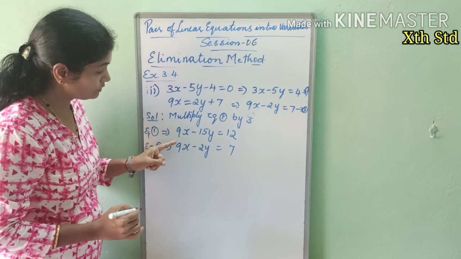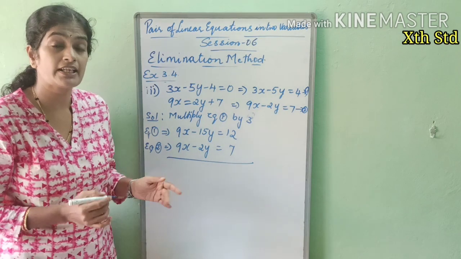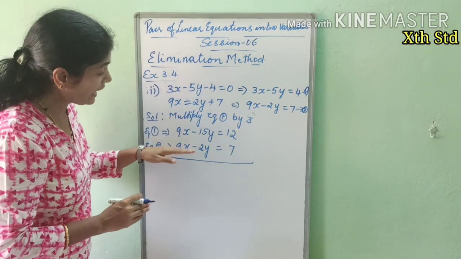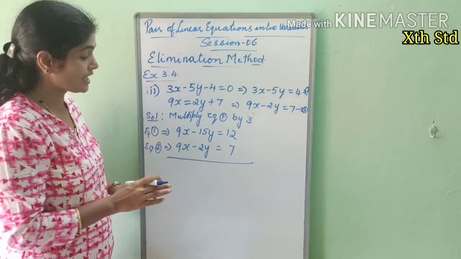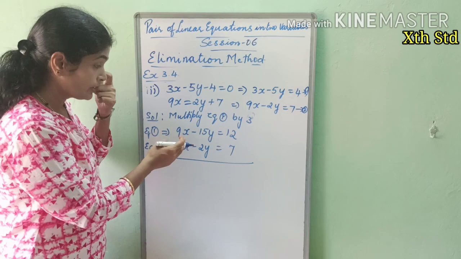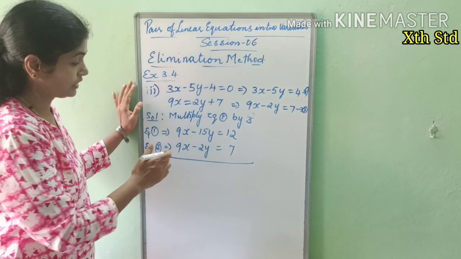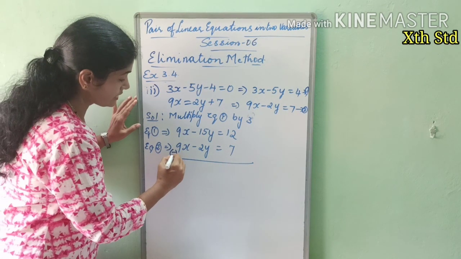Right. Now both the coefficients of x are the same and both of them have the same sign. So if you add these two equations, there is no chance of x getting eliminated. Right. So what we will do? We will subtract the second equation from the first one. So when we do the subtraction, the sign changes.